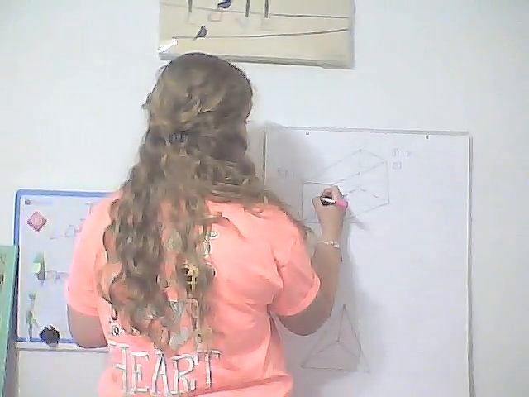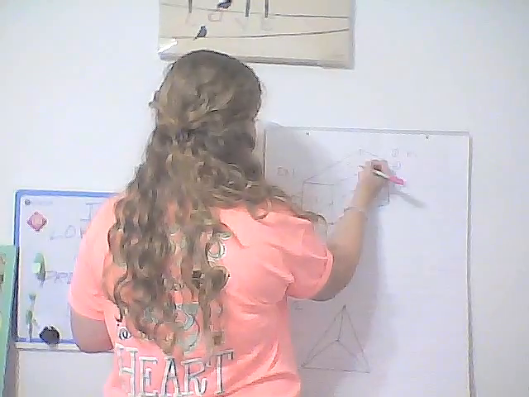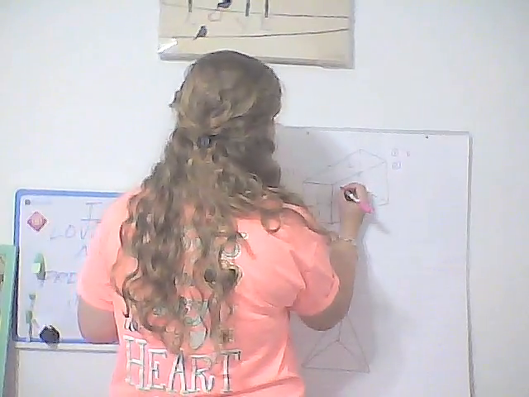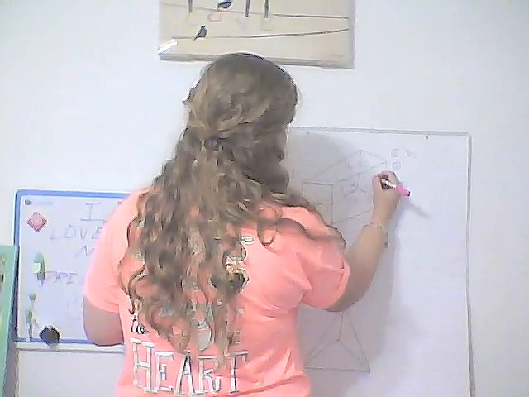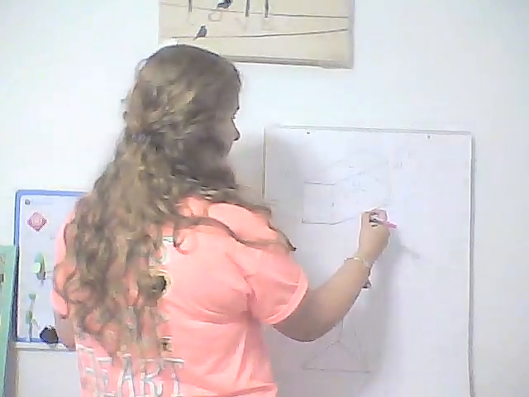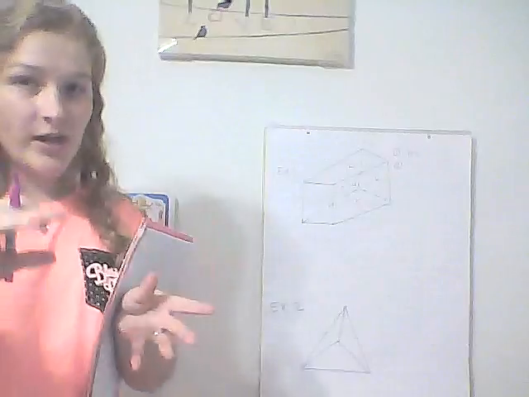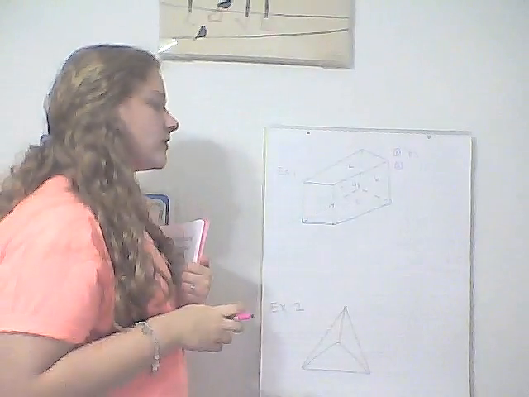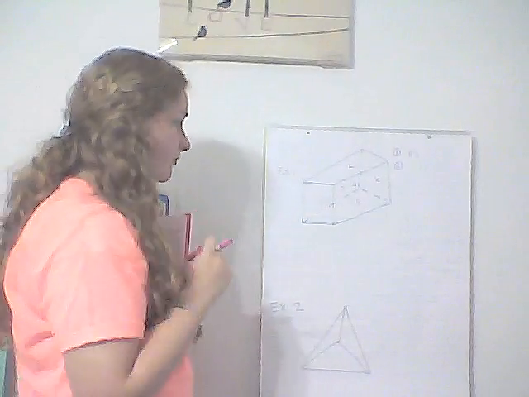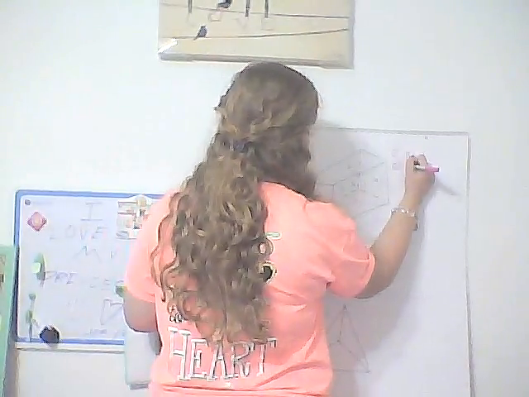So, let's see. 1, 2, 3, and these get a little hard to see. 4, 5, 6. Tomorrow I'll bring in the actual shapes, since we can wrap up the lesson, we'll be able to see and identify the 3D shapes with actual blocks. So it'll be a lot easier for us to see. So I got 6 faces.